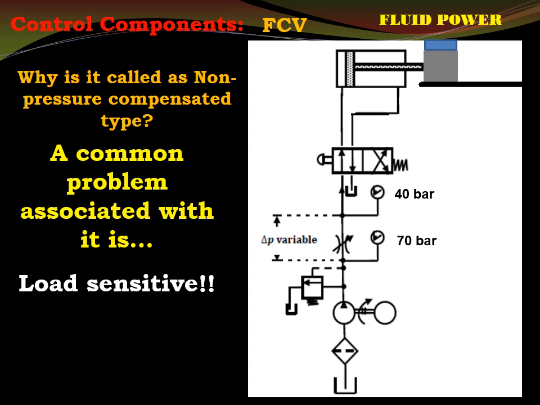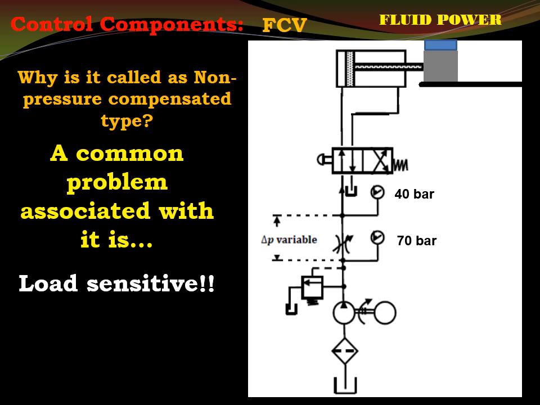But one thing you must have noticed, the del P, the pressure difference between these pressure gauges across the FCV, now it has been reduced. It was earlier 40 bar, now it has been reduced to 30 bar. Since pressure difference reduces, Q through FCV also reduces.